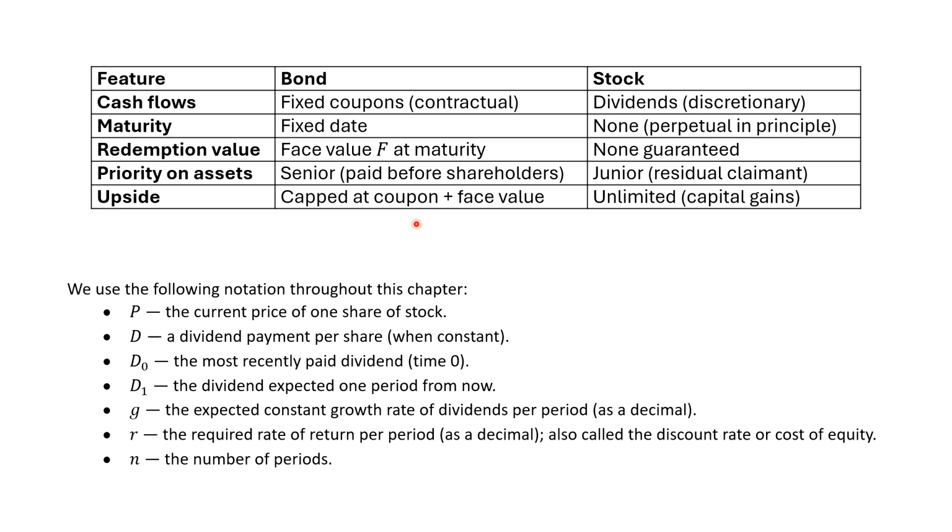On this slide, I have a comparison between bonds and stocks, just to emphasize that stocks are much less certain. We have each feature here on the left. If we look at cash flows, we know bonds have fixed coupons every month or every quarter, every year, or whatever. Some stocks have dividends, but they can change and they're discretionary.